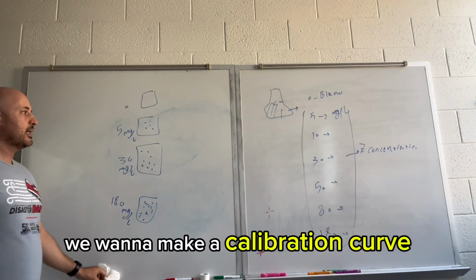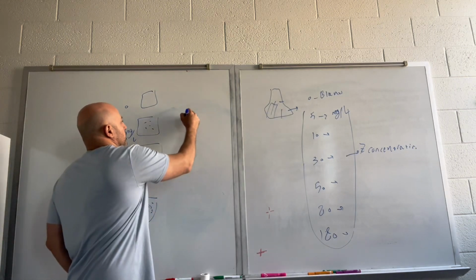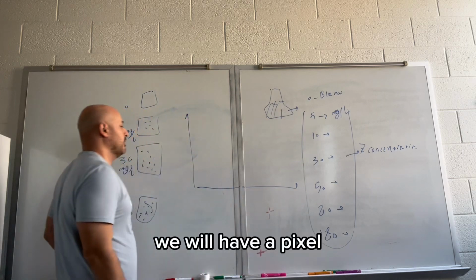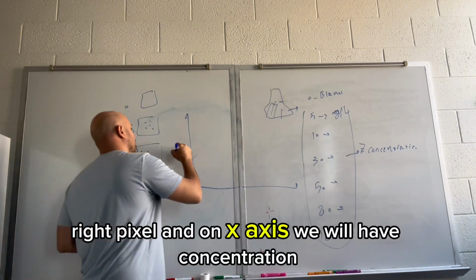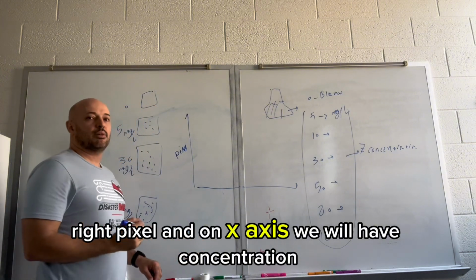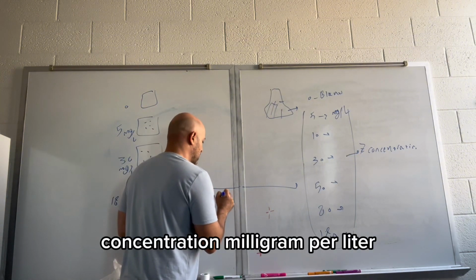So we want to make a calibration curve. On the y-axis, we will have pixel, right? And on the x-axis, we will have concentration in milligram per liter.